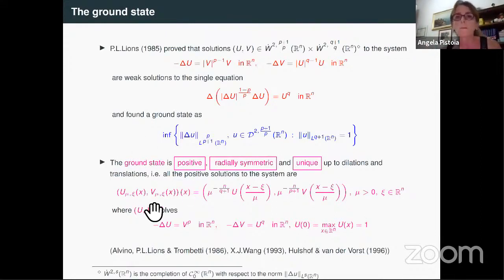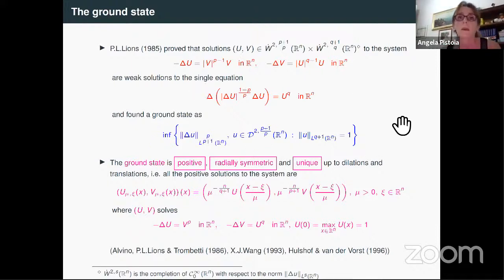I will be quick on this part. Remember that my bubble is a solution to this system, this red system. Pierre-Louis Lions wrote the system as a single equation, this red single equation, and found a ground state by solving this blue minimizing problem.